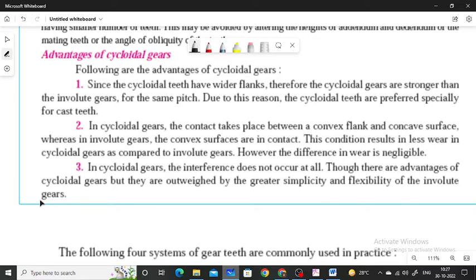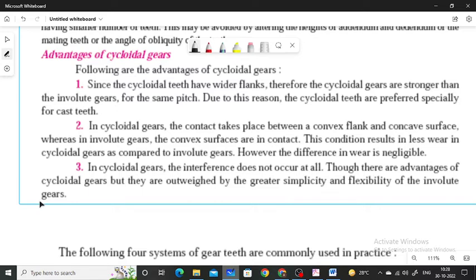Now the last advantage of the cycloidal gears is that interference does not occur at all in cycloidal gears.